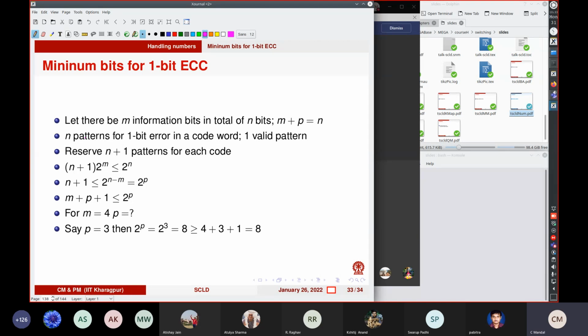So this gives you a way to determine the number of parity bits, the number of extra bits that will be needed. There's a minimum number of extra bits that you will need to be able to correct 1 bit of error. All right.